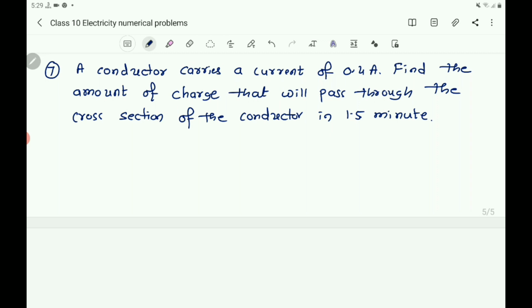How many electrons will flow in this time interval?